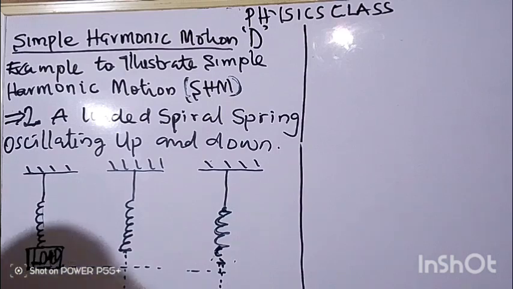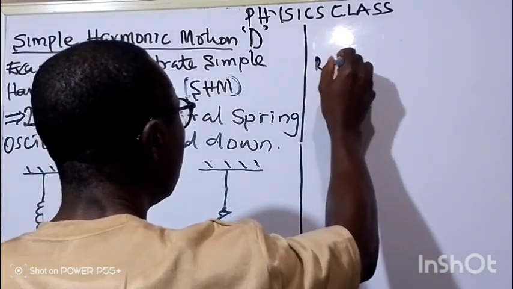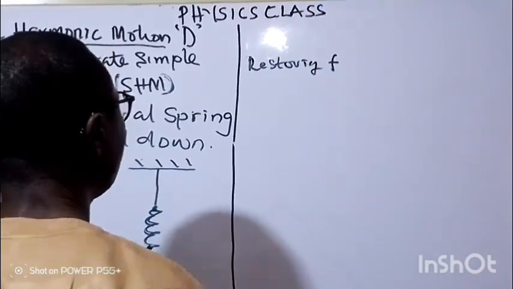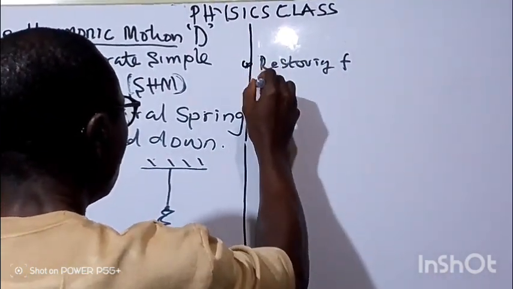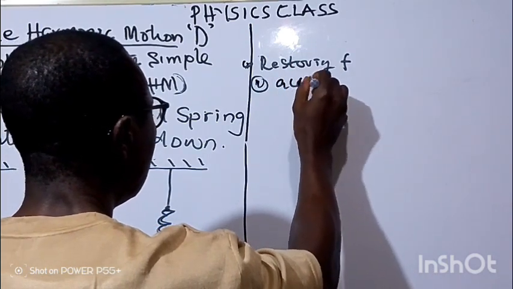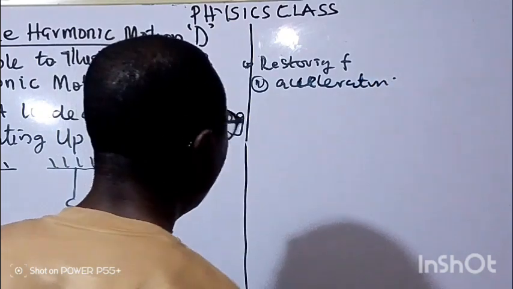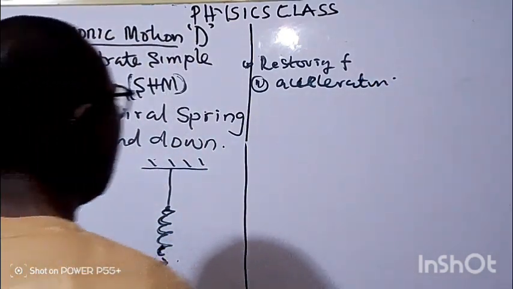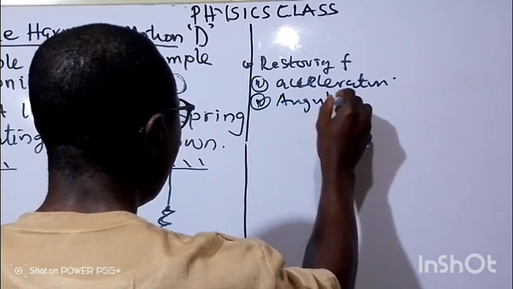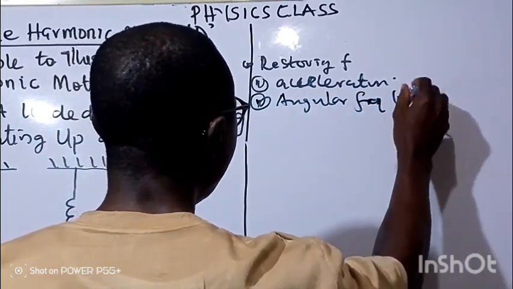And don't forget, under each example, we were looking at: 1, restoring force, F. 2, the acceleration of simple harmonic motion under each system. 3, angular frequency, this is omega.